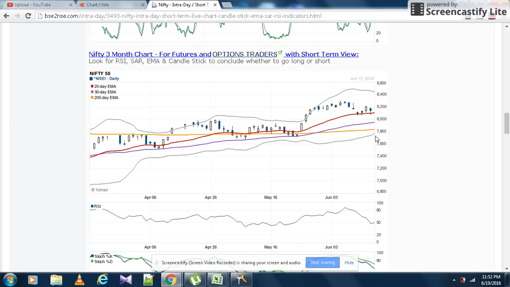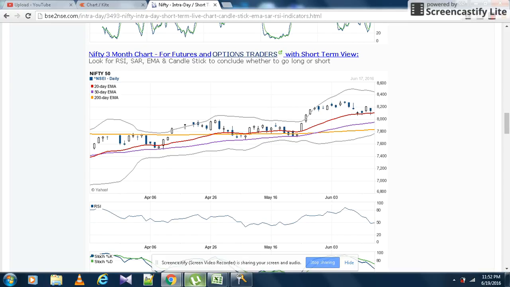My view on the market is bullish, so I'll take the consideration that the market will go up and will not come down. If it does come down, there is support at around 8000 and 7800. Keeping these things in mind, I'll build the strategy.